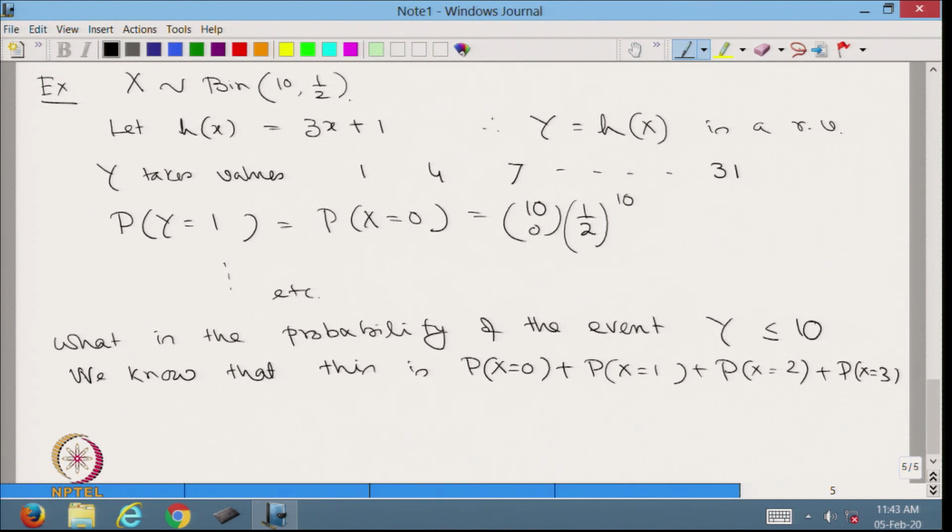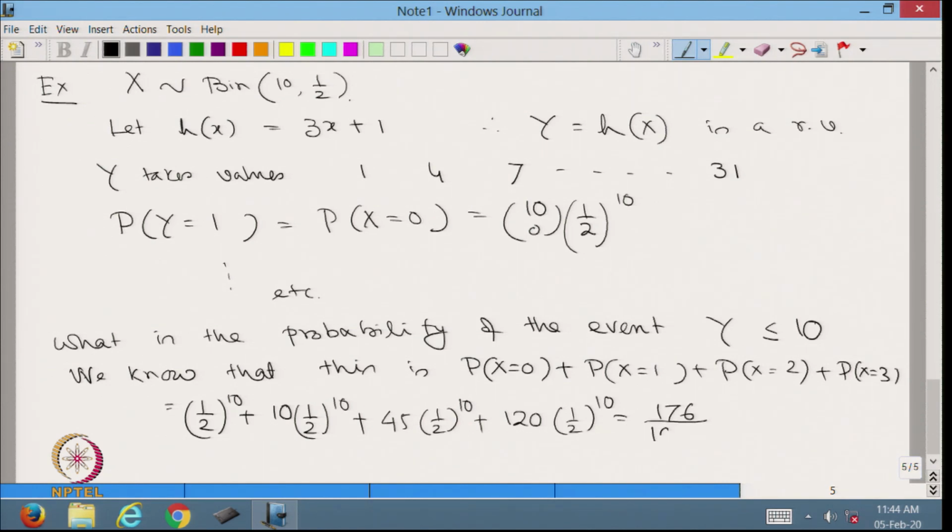If x takes value beyond 3, then y will be greater than 10. This is equal to half to the power 10 plus 10 half to the power 10 plus 10 C2, which is 45, half to the power 10 plus 10 C3, which is 120, into half to the power 10, is equal to 176 upon 1024, which is equal to 11 upon 64.